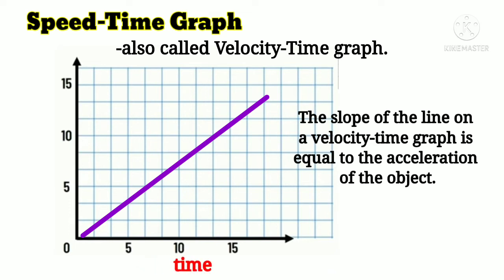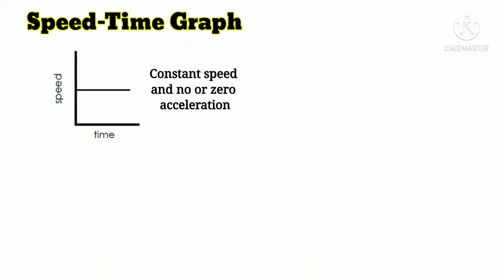Time is plotted on the x-axis, while speed or velocity is plotted on the y-axis. A straight horizontal line on a speed-time graph means the speed is constant. It is not changing over time. Therefore, it has no acceleration.